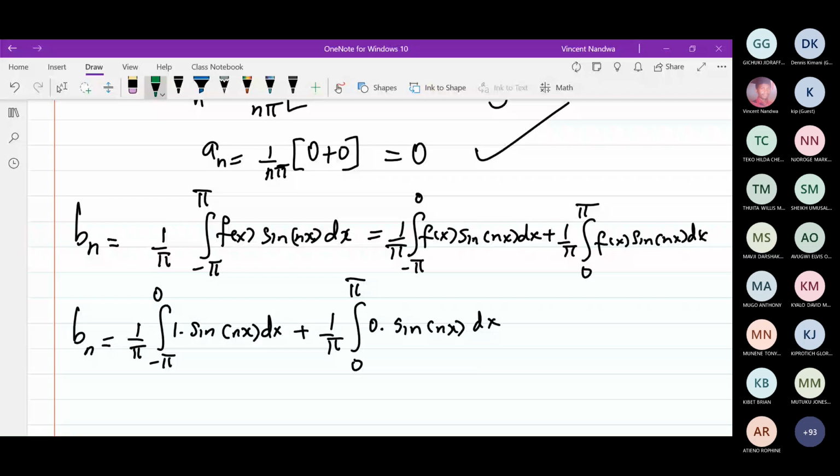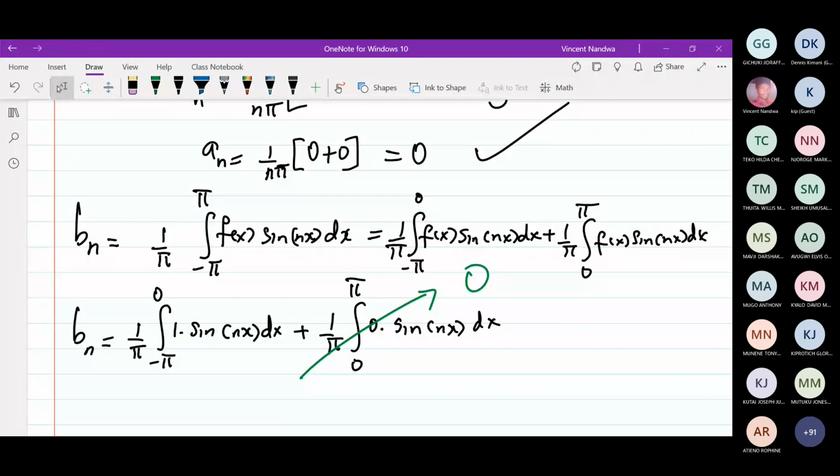The second one, whose value is 0, because we'll be integrating a 0 function. I hope you understand why we are saying it is 0: when you integrate the function 0 in a definite integral, you get 0.